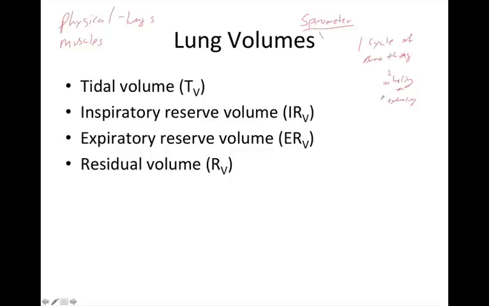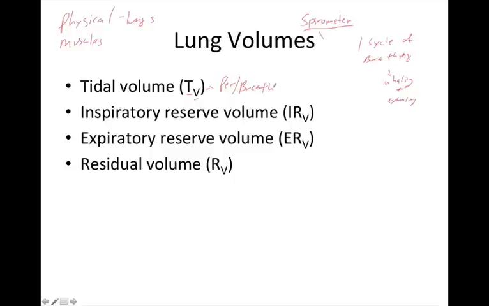Now, tidal volume, typically written as capital T subscript V, is the volume of air that you take in per breath. Every time you take a breath in, and remember, one breathing cycle is your tidal volume: air in, air out.